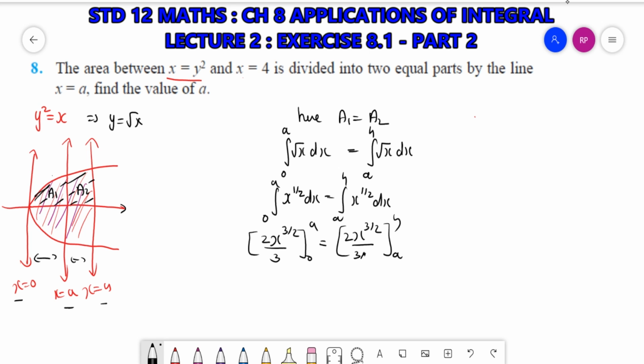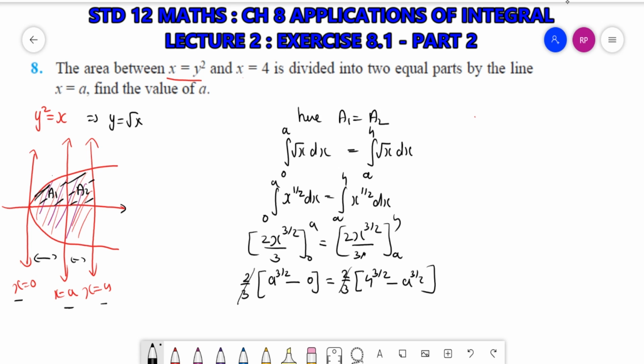Okay, 2 by 3, let's take constant. A raised to 3 by 2 minus 0 raised to 3 by 2, that is 0. Again, on the other side also 2 by 3 will be constant. 4 raised to 3 by 2 minus a raised to 3 by 2.